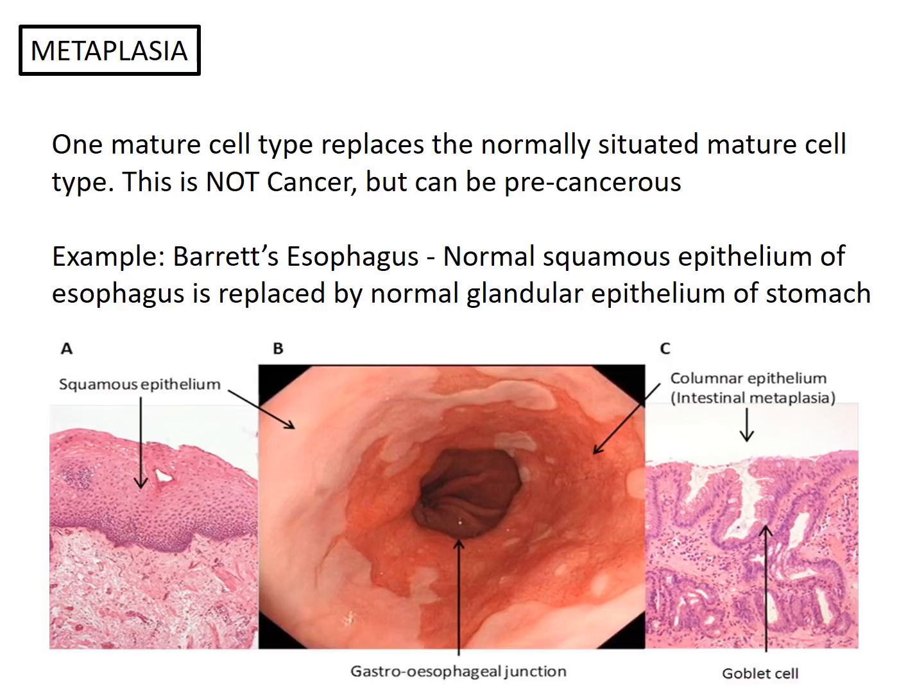It is a precancerous lesion. The lesion itself is not cancerous, but those glandular cells which have overtaken the squamous cells can become malignant or cancerous. So we refer to that as a precancerous type lesion.